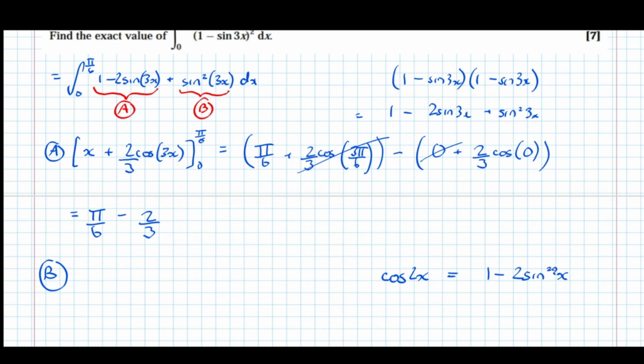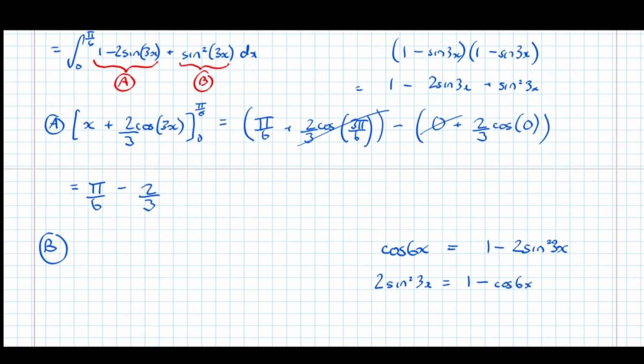So in this formula, replace x with 3x, which would make that there 6x. So that means now, rearranging that, we get 2 sine squared of 3x equals 1 minus cos of 6x, and sine squared of 3x equals 1/2 minus 1/2 cos of 6x.